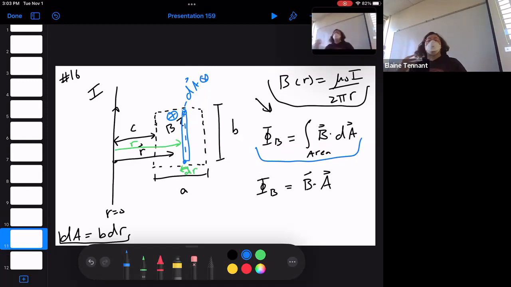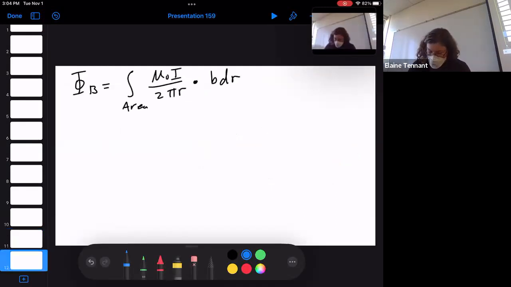If they're in the same direction, my magnetic field and my dA line up, the angle between them is 0, the cosine of 0 is 1, and I can just ignore that dot product. So this will just equal mu naught I over 2 pi r, b dr. This is going to come together.